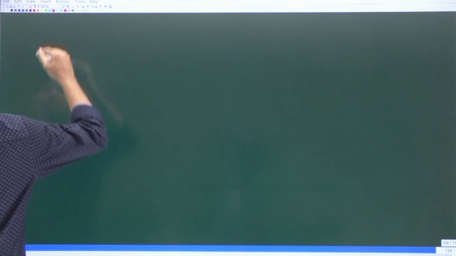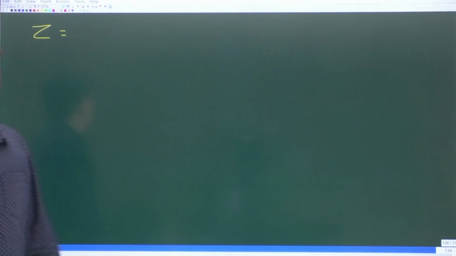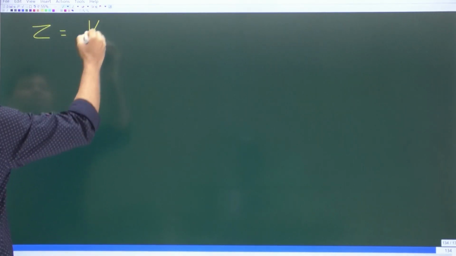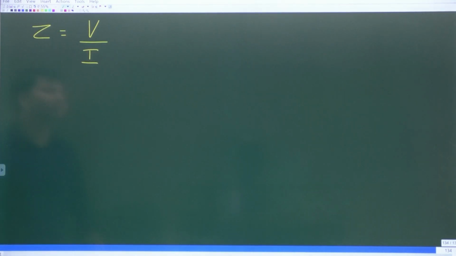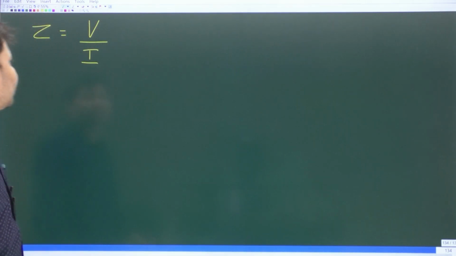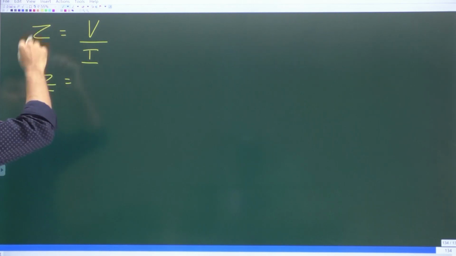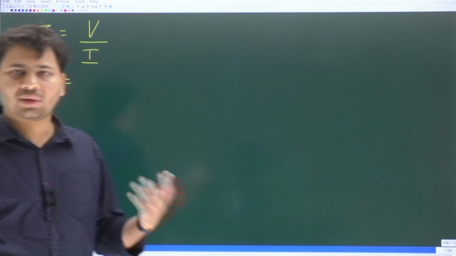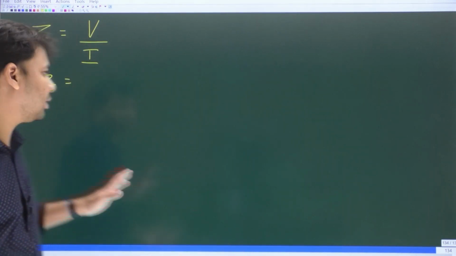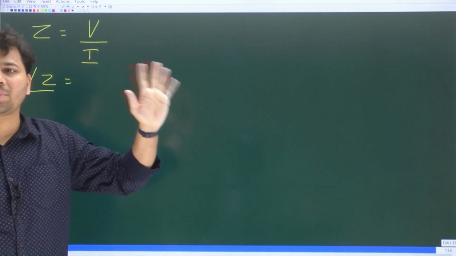Please look at the screen, all of you. What is the definition of impedance? Impedance Z is the phasor voltage, capital V, divided by the phasor current, capital I. Z is a complex number, and V and I are also complex numbers.